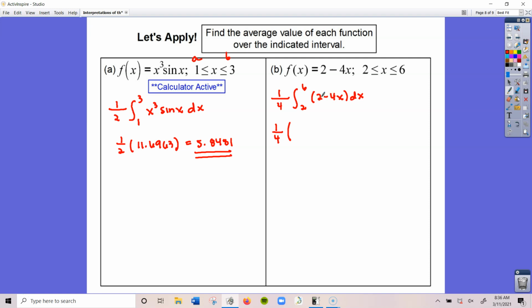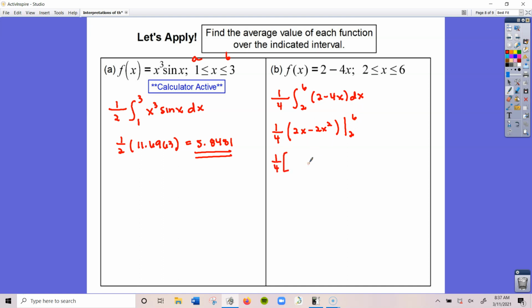The antiderivative of 2 minus 4x is 2x minus 2x squared, since when we add 1 to the exponent of x, we get x squared and then divide by 2. So 4 divided by 2 is 2. And we're going to evaluate this from 2 to 6. So we're going to leave this 1/4 on the outside here.